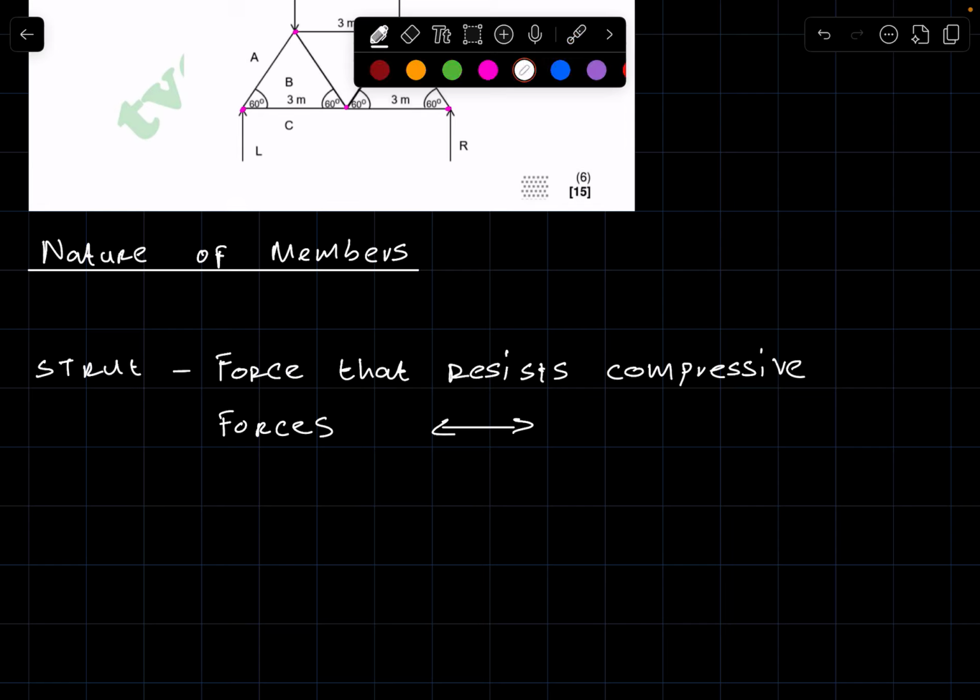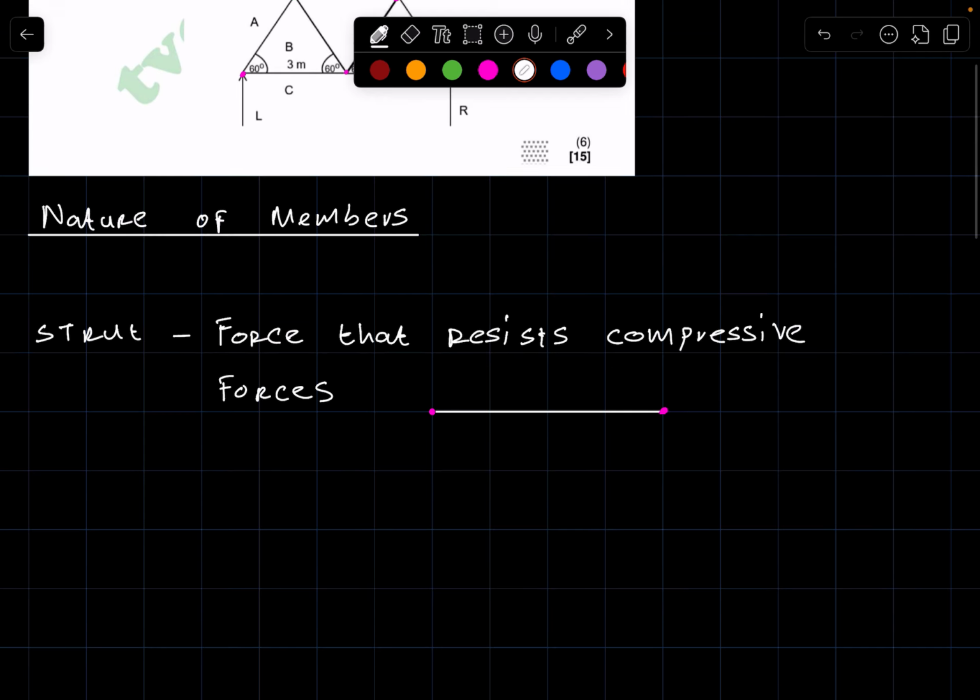So for instance, let me do it like this rather. Say this is your member. You have a joint here, and a joint at this point. So a member would be considered to be a strut if the direction of that member is this one.